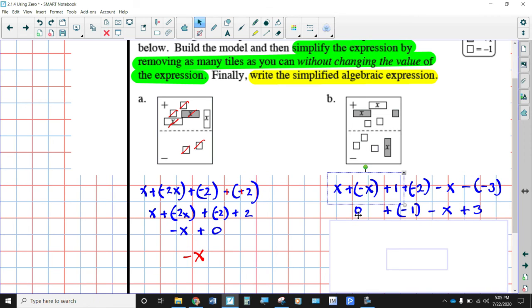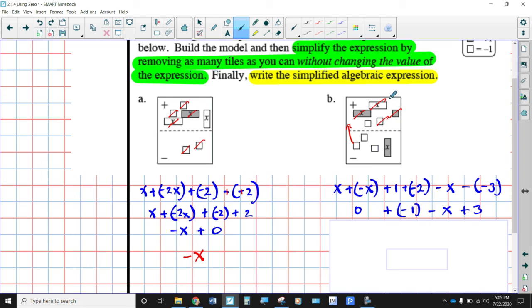They cancel each other out because they form a zero pair. 1 plus a negative 2 gives you negative 1, and then the negative x and the positive 3. So essentially that is me canceling out the 2 negatives, canceling this guy out, and then moving these guys all.